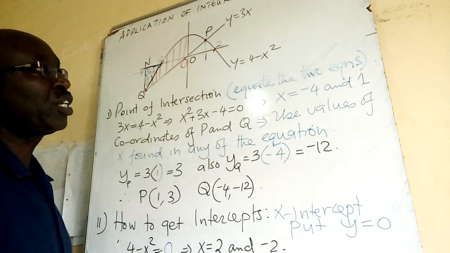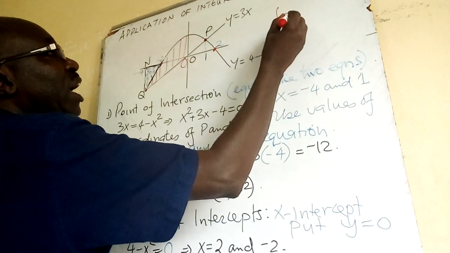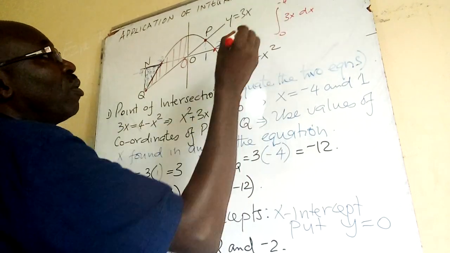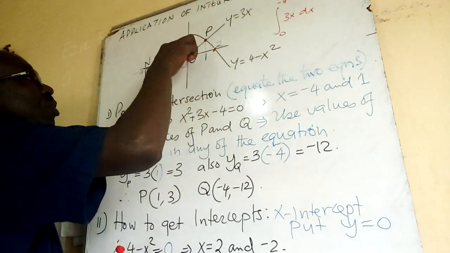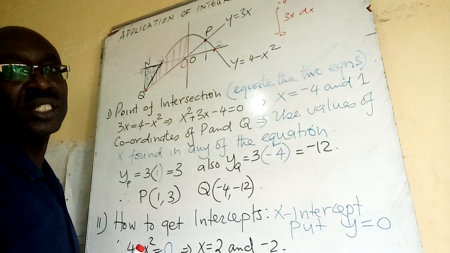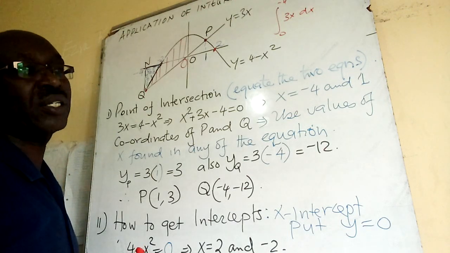Alternatively, you will integrate 3x dx from 0 to -4. That is 3 over 2 x squared.